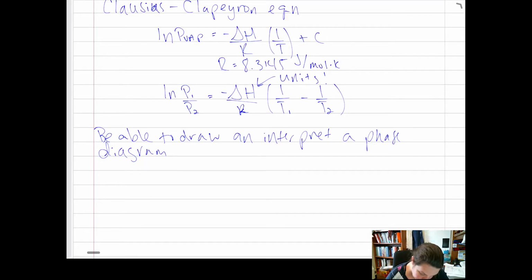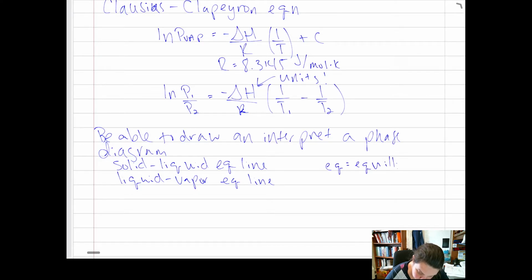So let me real quick. You need the solid liquid equilibrium line along with the liquid vapor equilibrium line, and then your solid vapor equilibrium line, where your liquid vapor line is also called your vapor pressure curve.